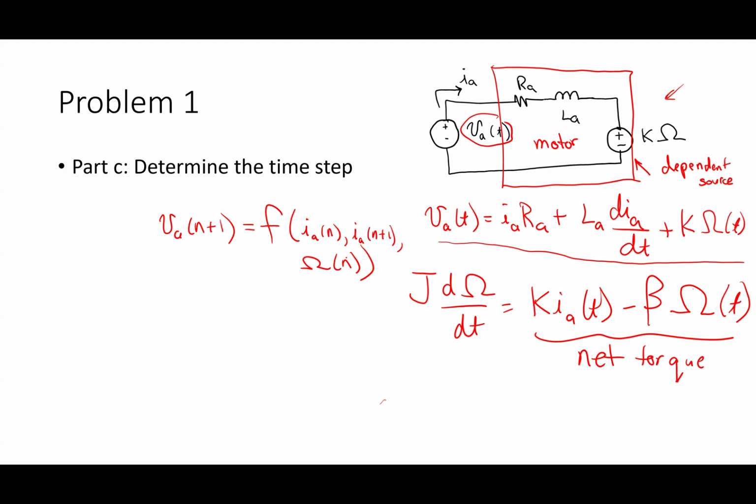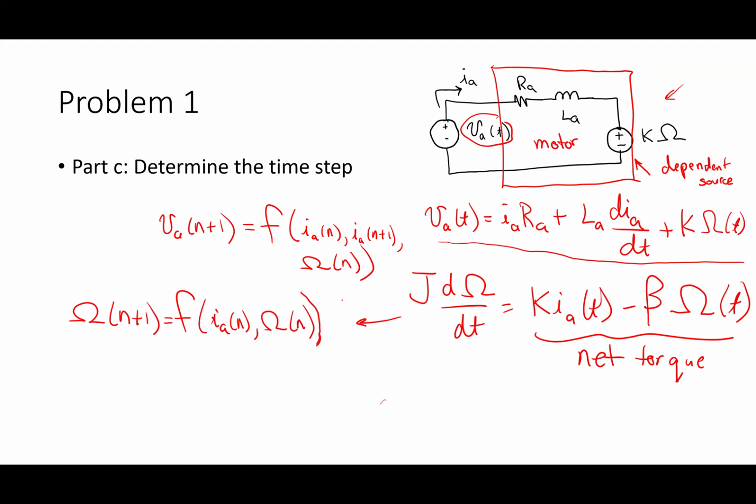The other equation you're going to get is for the speed, where omega of n plus 1 is going to be a function of IA of n, omega of n, and that's it. Okay. So you're going to get two equations.